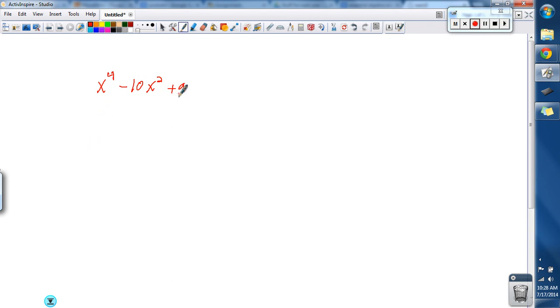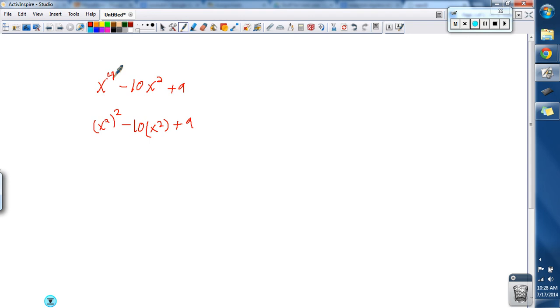What I see here is that this is actually of the more basic form that we went over at the beginning. What I see this as is (x squared minus something)(x squared minus something).